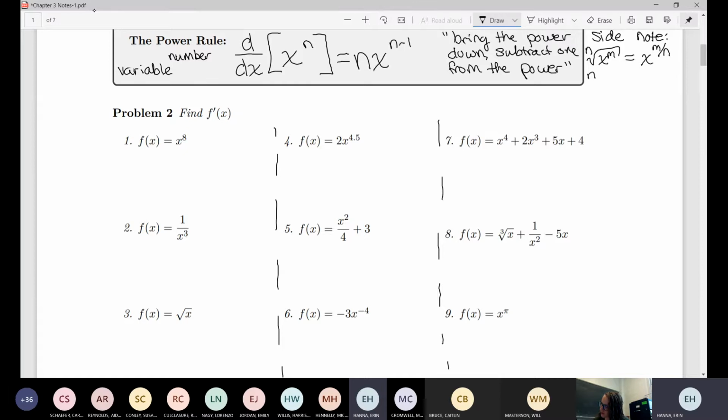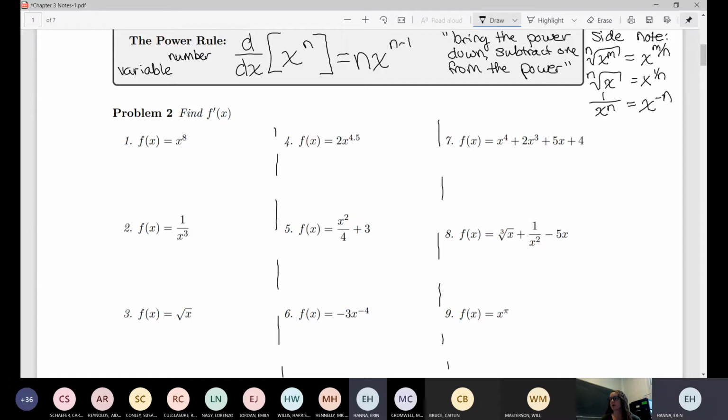So specifically, if you just have a root, it's going to be 1 over that root number. And then also if you have 1 over x to the n, that is equal to x to the negative n. Now those have nothing to do with derivatives. Those are just generic exponent rules, but they do come into play a lot with these power rule questions because sometimes you have to rewrite the original question before you can take the derivative.